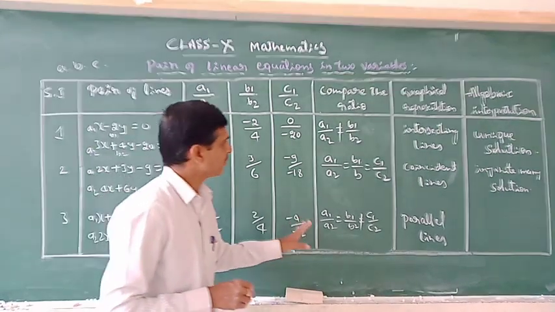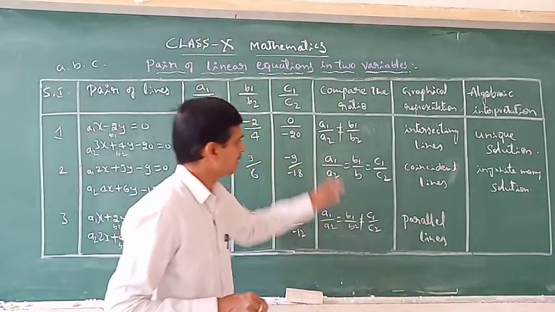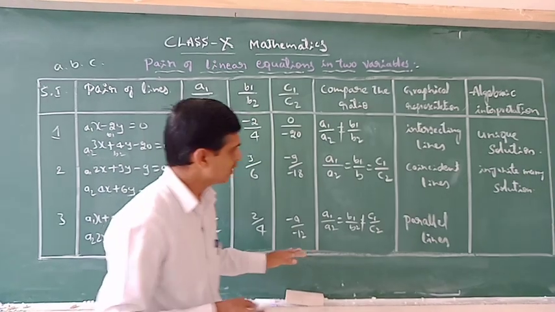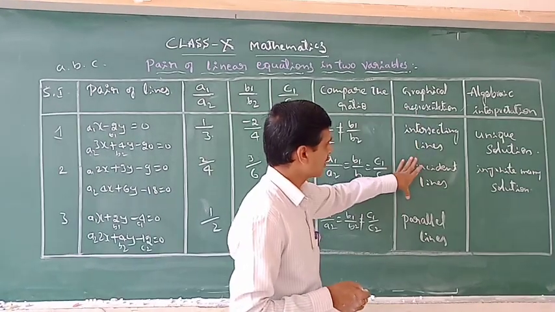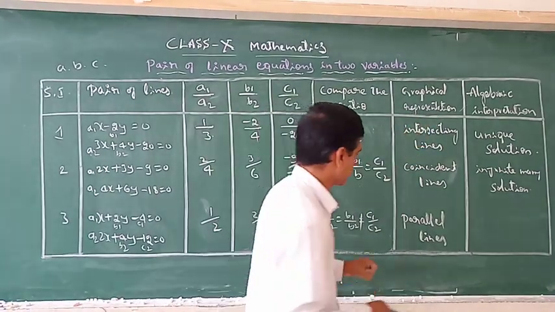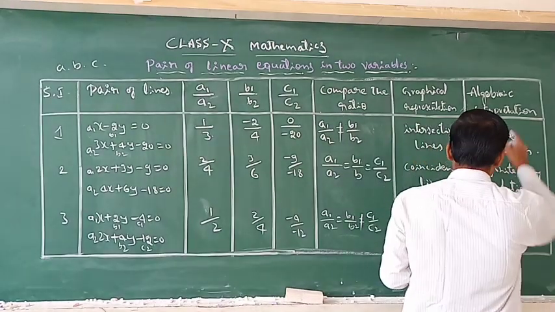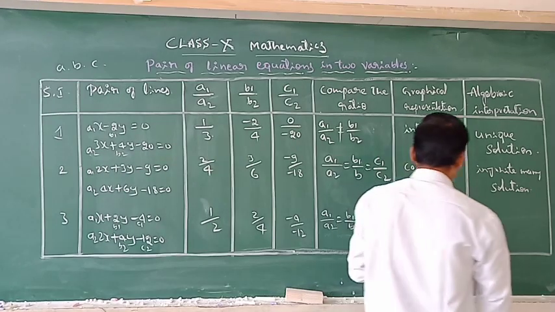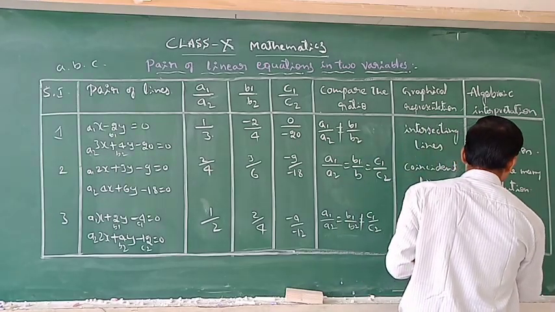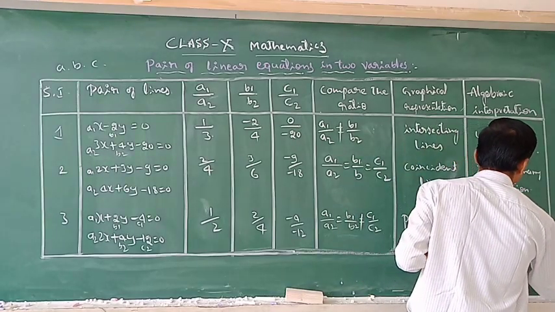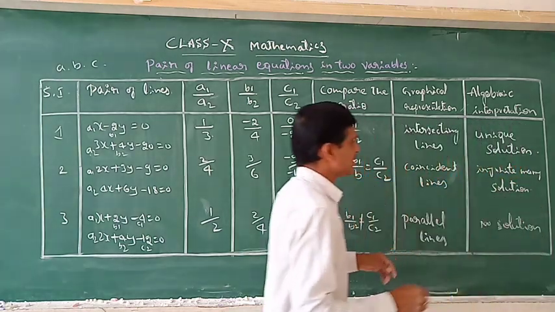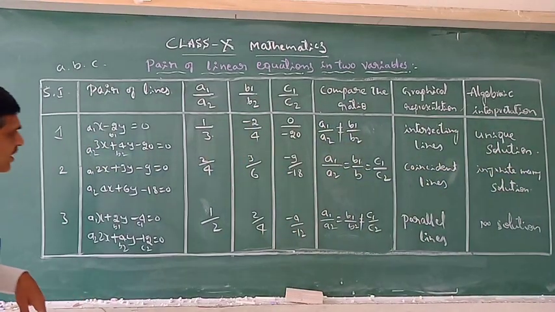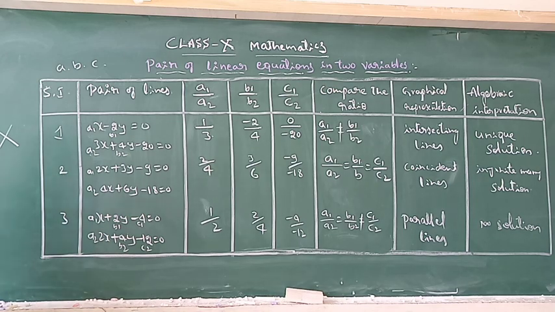So based upon the comparison of the ratios, you can conclude the graphical representation as well as the algebraic representation. So graphical interpretation is over. Now algebraic interpretation. What is the algebraic interpretation? Look here, no solution. Very simple. If lines are intersecting, at least they meet at one point.